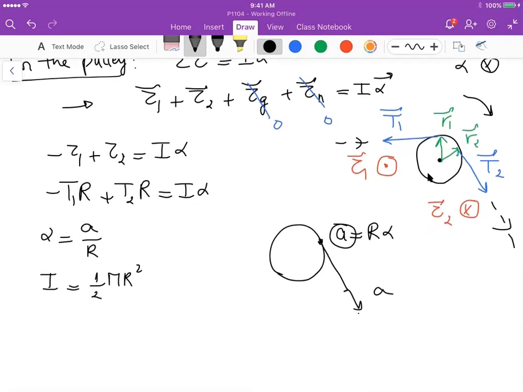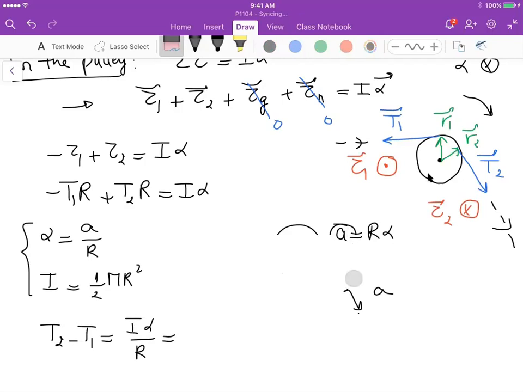And now all we need to do is to replace each of these two terms by their expressions in the equation. And so we end up with T2 minus T1 is equal to I alpha over R. So let's replace I and alpha by their expressions.